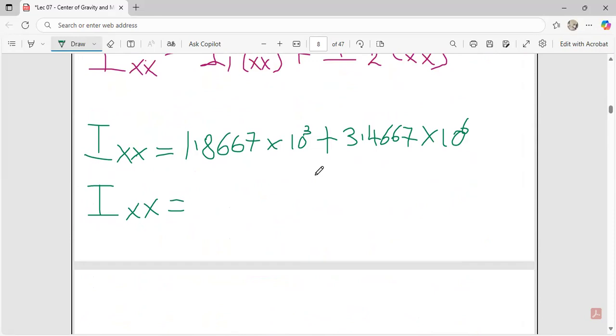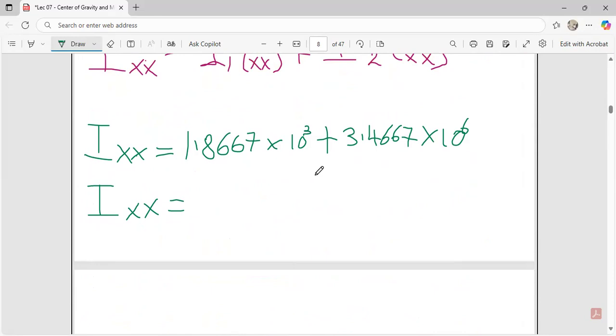Okay. So let's quickly add this together. 1.86667 times 10 exponent 3 plus 3.4667 times 10 exponent 6. At the end of the day, what are we going to get?